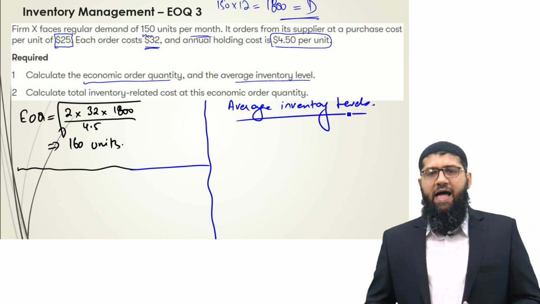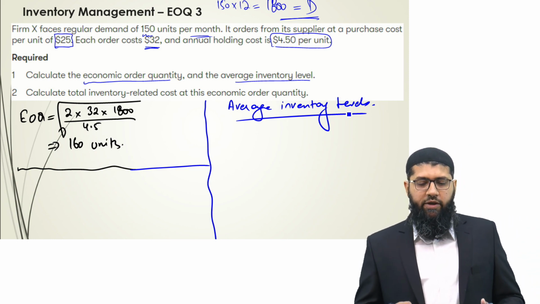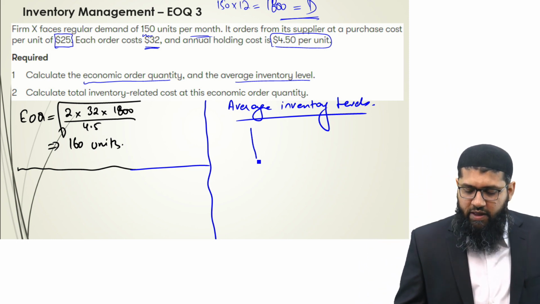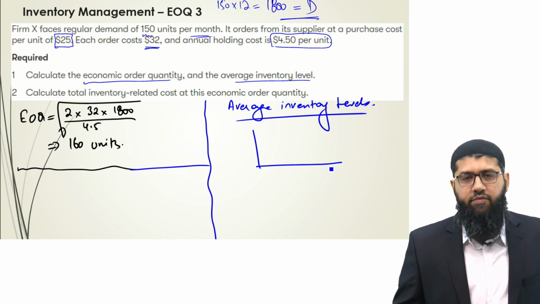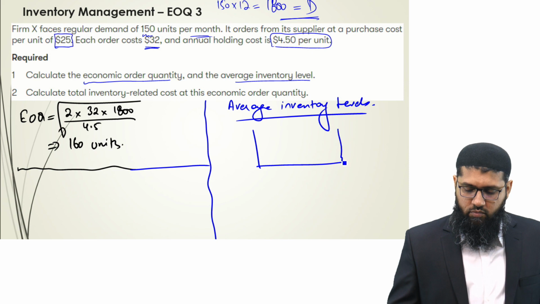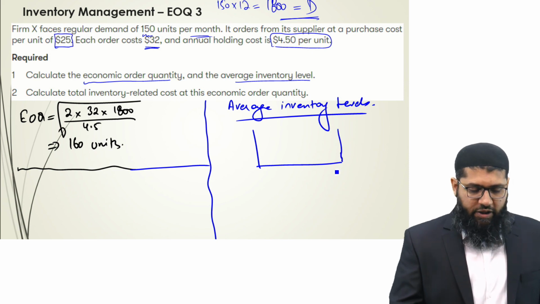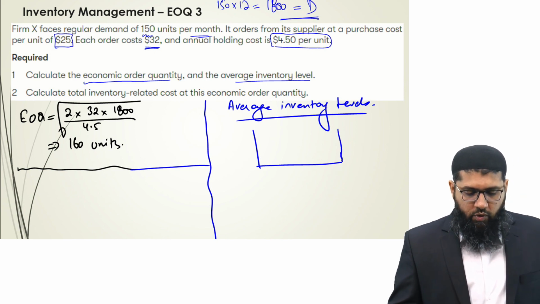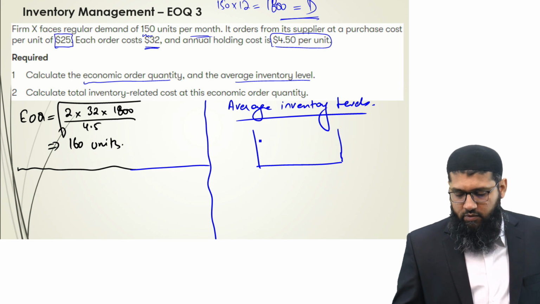When I talk about the average inventory levels, what is actually going to happen? Assume that this is your inventory.